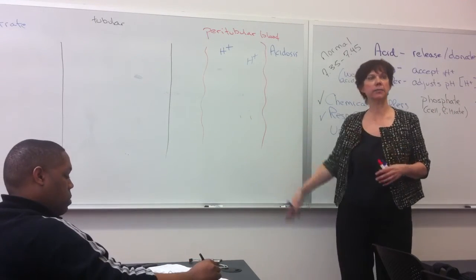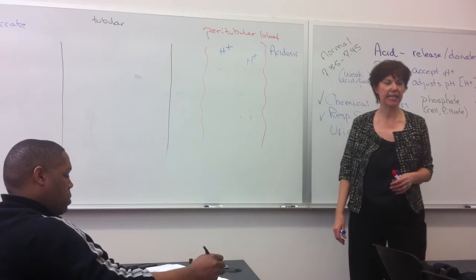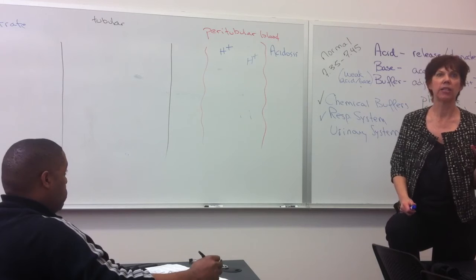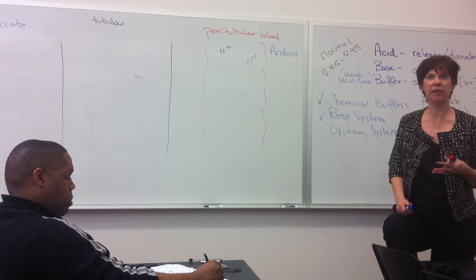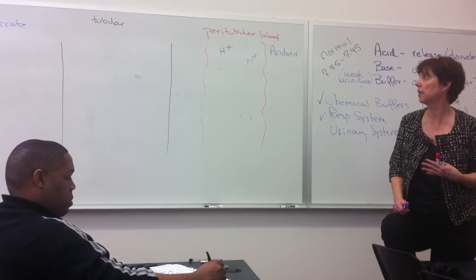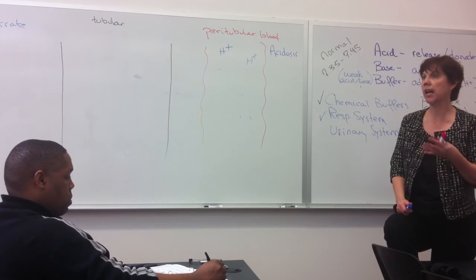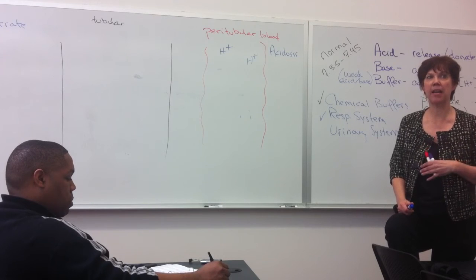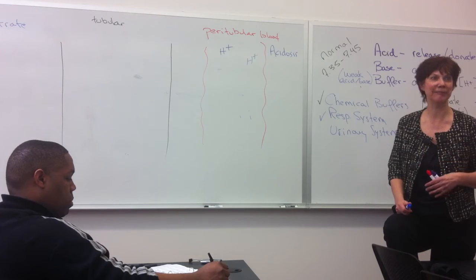Because our proximal tubular epithelium is identical to our tight junctions in the blood-brain barrier in the nervous tissue, hydrogen ions will not cross the basolateral membrane. And bicarbonate ions will not cross the apical membrane.